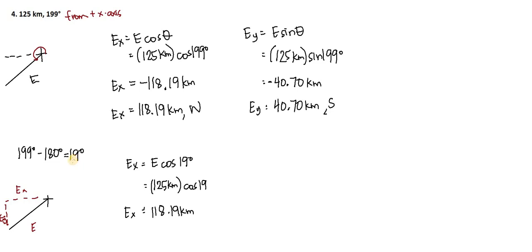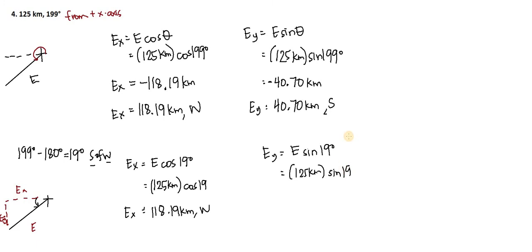Okay? Kasi yung 19 degrees mo na yan, magiging ito yan. Ang direction ngayon ng 19 degrees mo is south of west. Okay? South of west siya, so ito na yung magiging components mo. So, that's west. Okay? For your E sub y, so that will be your E sine of 19 degrees. That is 125 kilometer multiplied by sine of 19.